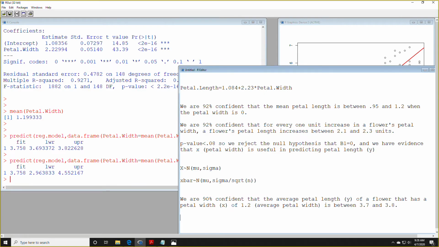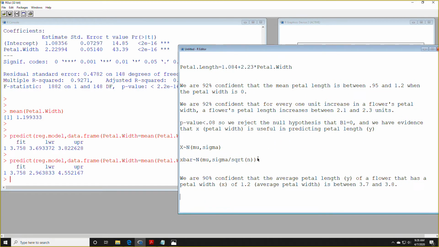So, interpreting this, we are again 90%. I don't want to confuse you, but technically a prediction interval is a probability statement. Okay, remember all of the confidence intervals that we've ever done have never been probability statements because they've been statements about means and true values in the population that we simply don't know. This is not some true value, right?